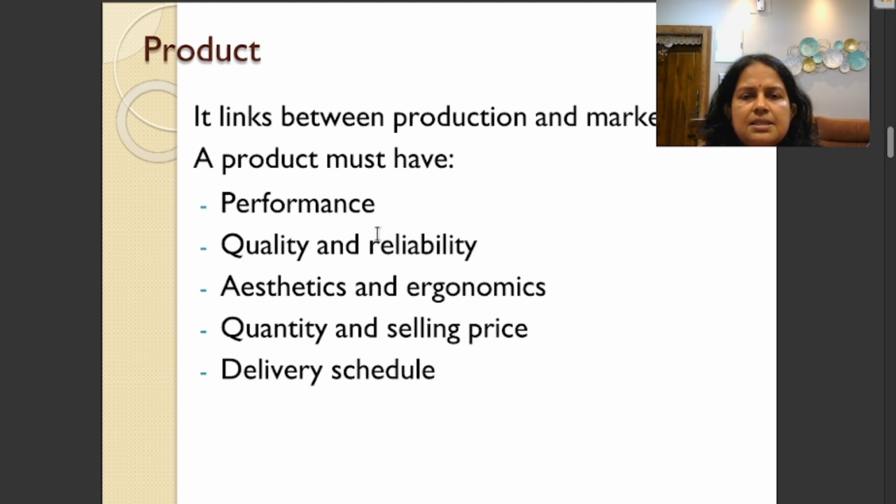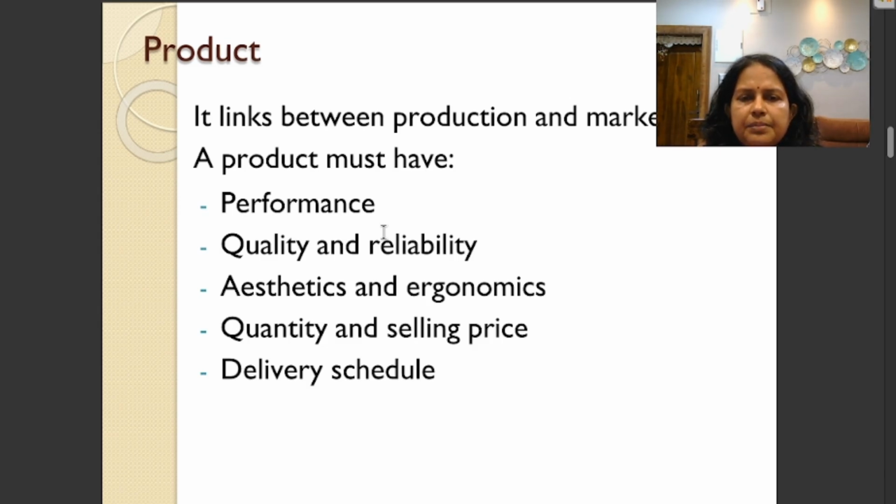Then quality and reliability. The quality, the standard, that is the expectation level of the customer we have to reach, and the reliability. The product should be reliable. Aesthetic and ergonomics. Aesthetic is the outer look of the product, how the product is looking. Ergonomics deals with the product design and how comfortably that product can be used by the customer.